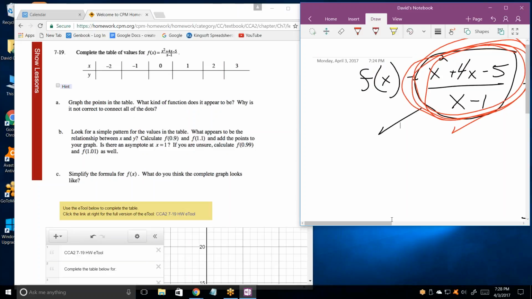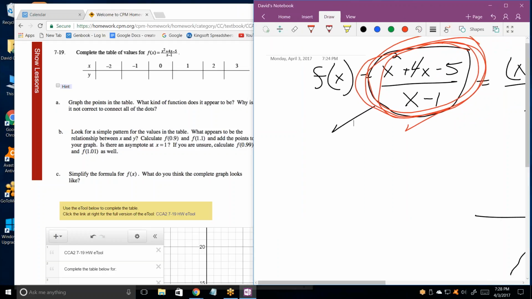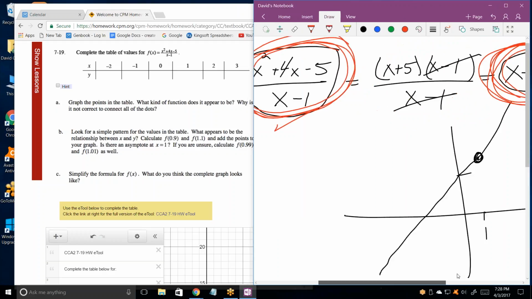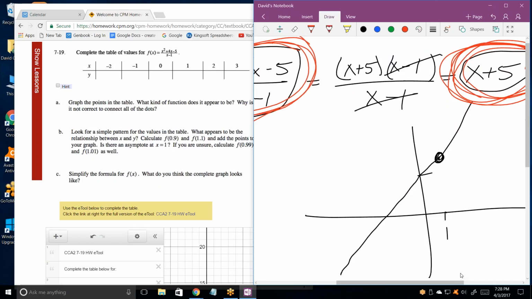Okay, now to fill out the table, let's do it. Our function is x plus 5, and x can never be equal to 1. That's our function.